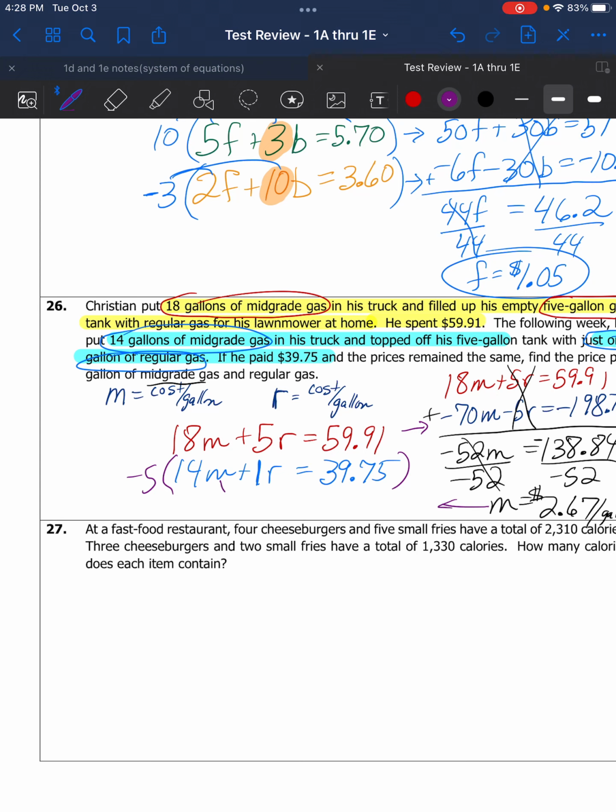So 14 times $2.67 plus 1 times R, which is just R, equals 39.75. 14 times 2.67 is 37.38, and then we subtract that from 39.75, and the regular gas is going to be $2.37. So mid-grade is $2.67, regular is $2.37.